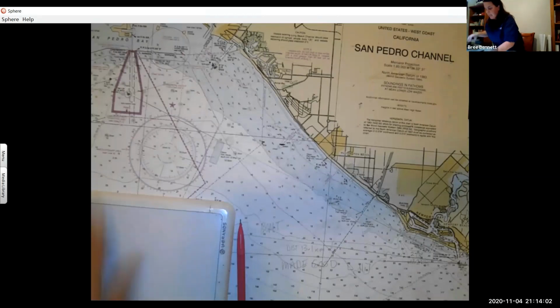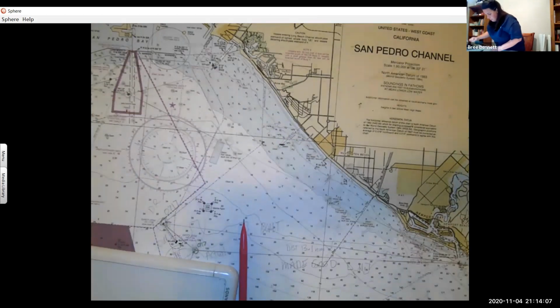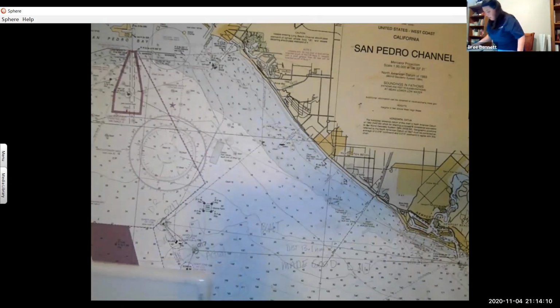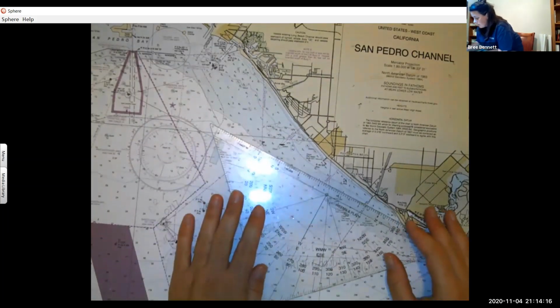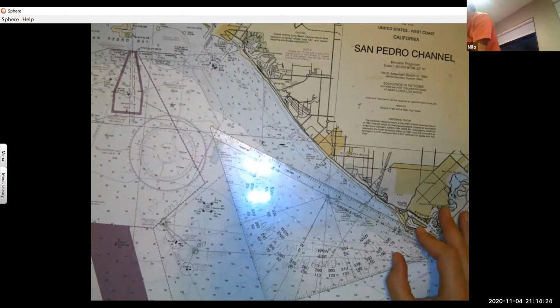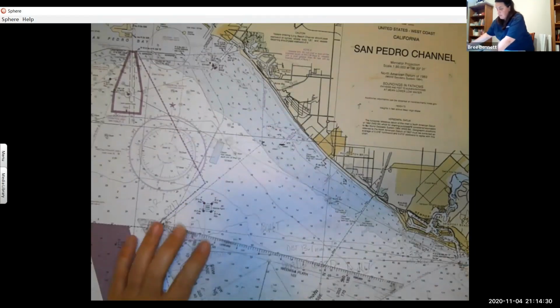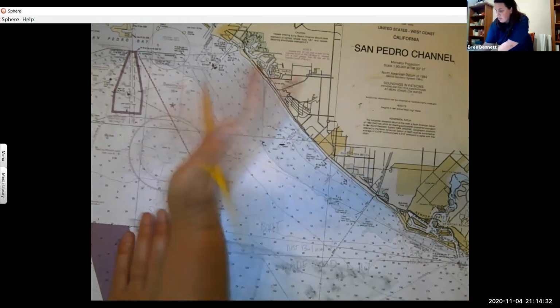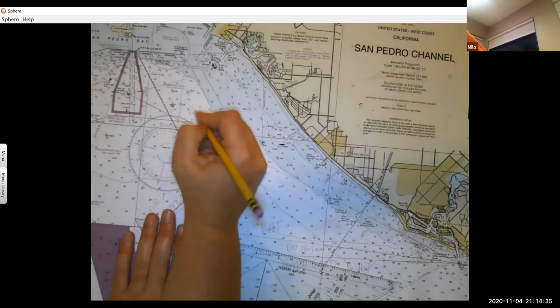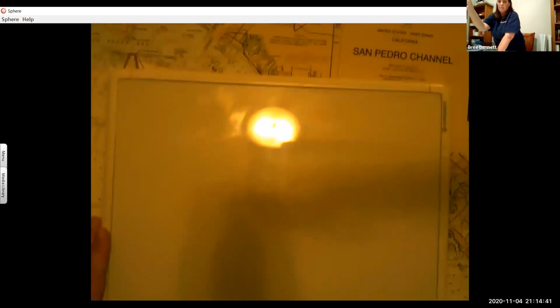So I've actually drawn our line from buoy to buoy. My triangle, here it is. So I want to see what course true would be. And I got 112 as my course. You know what? I'm actually going to do it on here to try to make it.